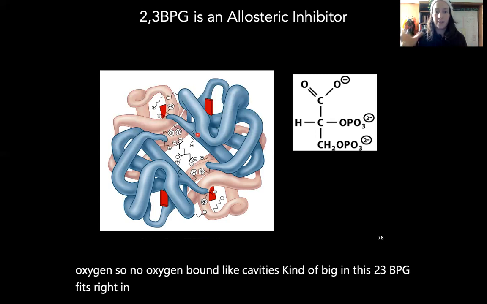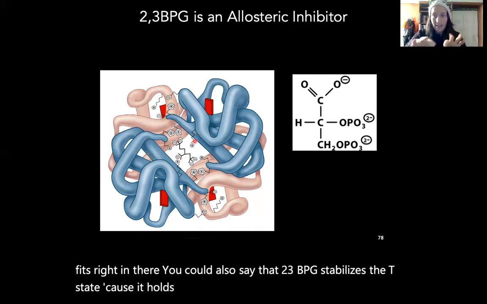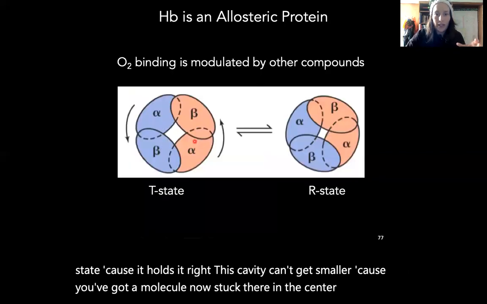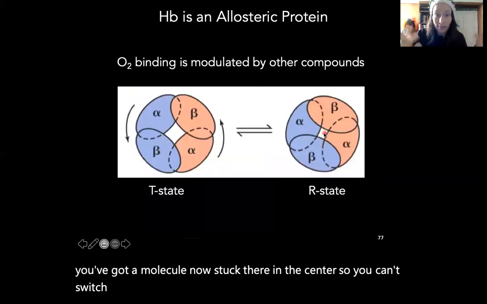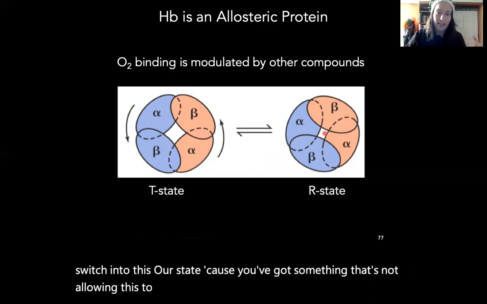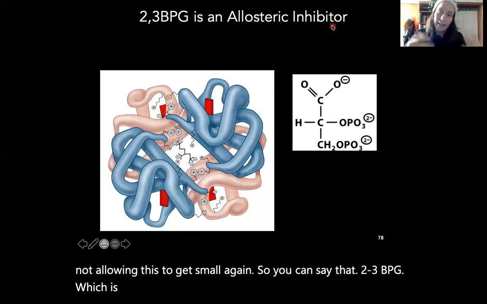You could also say that 2,3-BPG stabilizes the T state because it holds it, right? This cavity can't get smaller because you've got a molecule stuck there in the center. So you can't switch into the R state because you've got something that's not allowing it to get small again. So you can say that 2,3-BPG, which is an allosteric inhibitor, stabilizes the T state because it sits in that central cavity.